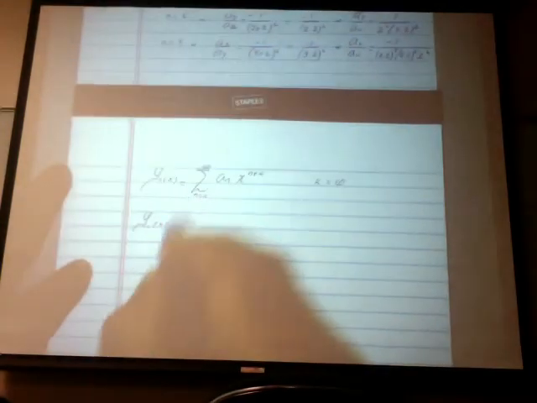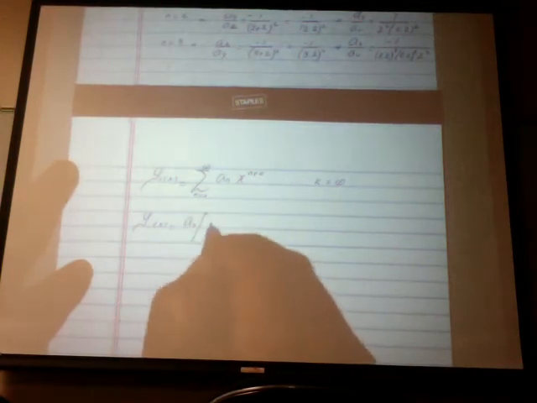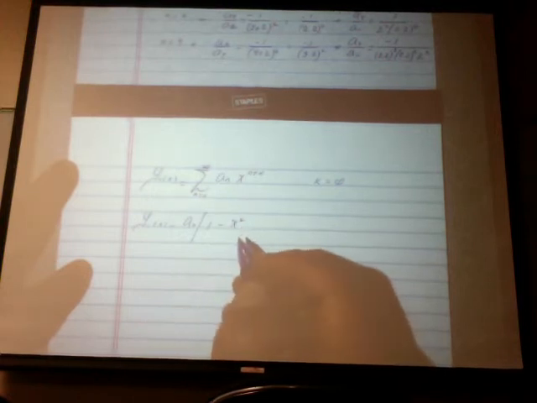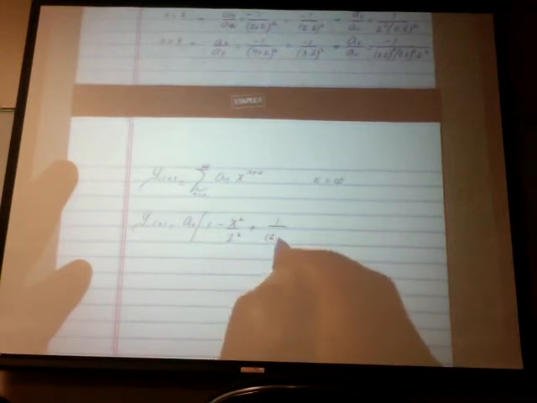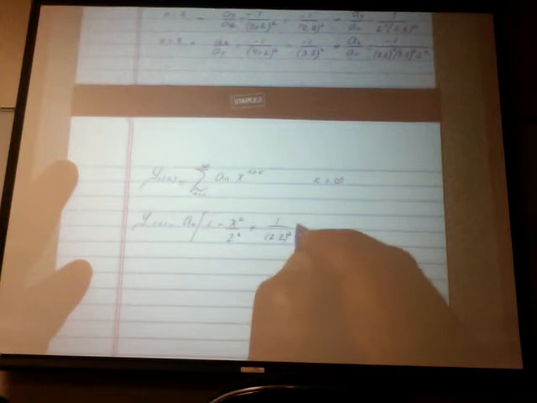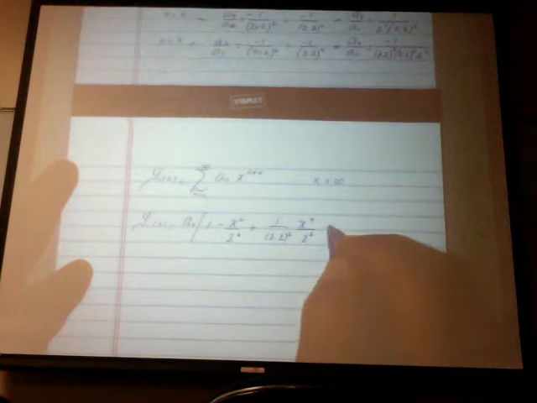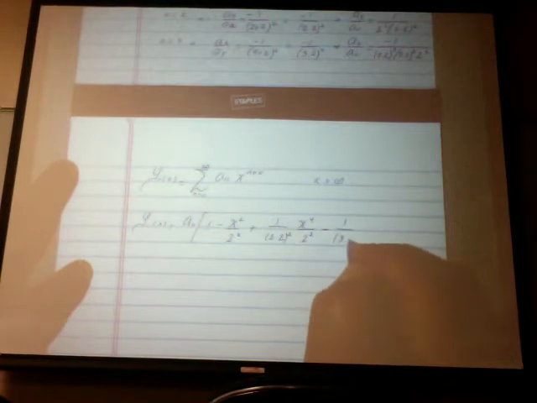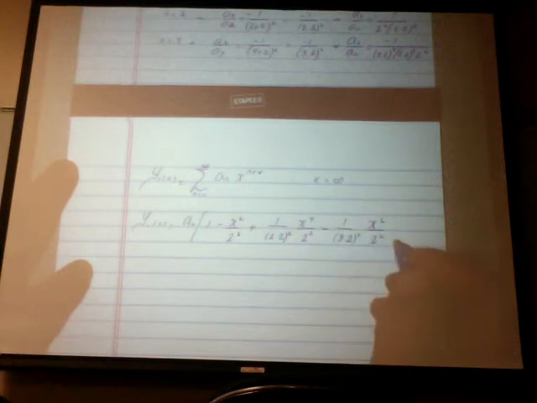And we just found that because of the recurrence relationship, this will be a0 times 1 minus x squared over 2 squared plus 1 over 2 times 2 squared times x to the 4 divided by 2 squared, minus 1 over 3 times 2 squared times x to the 6 divided by 2 to the 6, and so on and so forth.